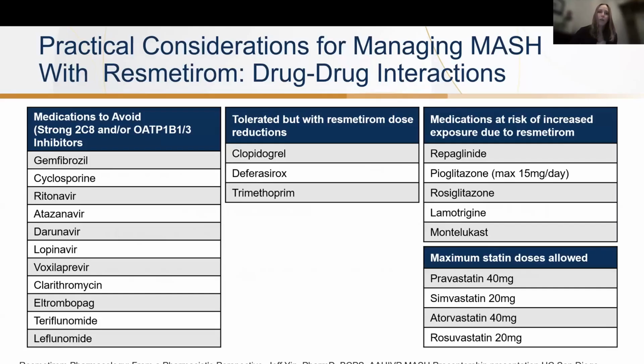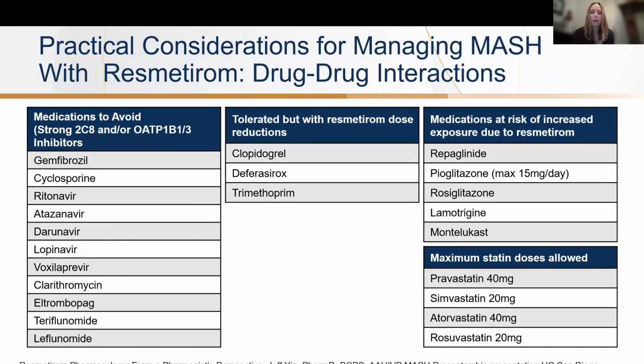And then do we need to worry about any drug-to-drug interactions with resmetirom? So medications to avoid with resmetirom are the strong CYP2C8 or OATP1B1/3 inhibitors, and these are listed on the left-hand side and include medications like gemfibrozil, cyclosporine, clarithromycin is one of them.